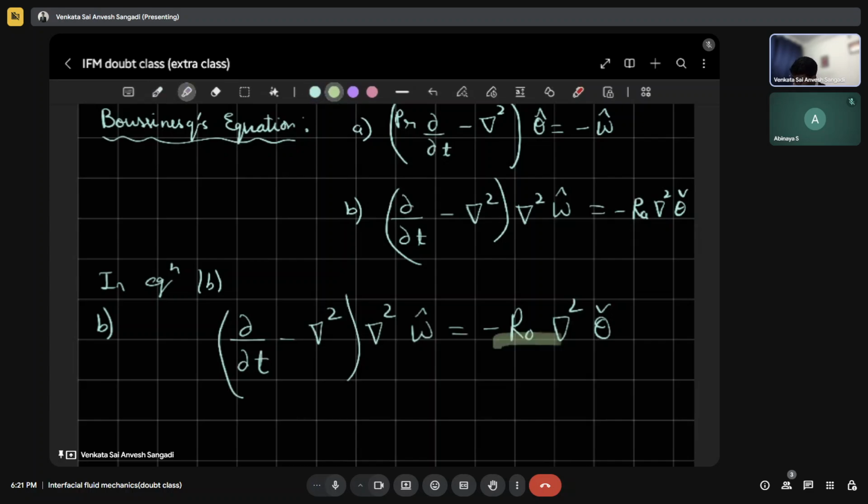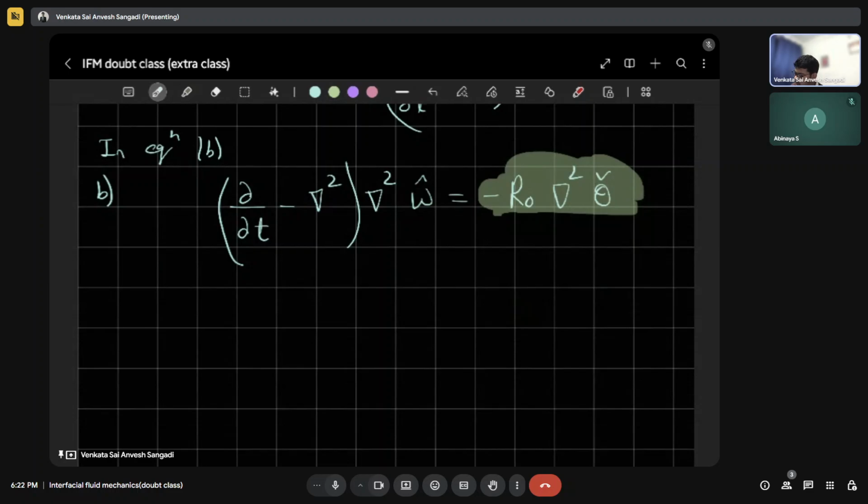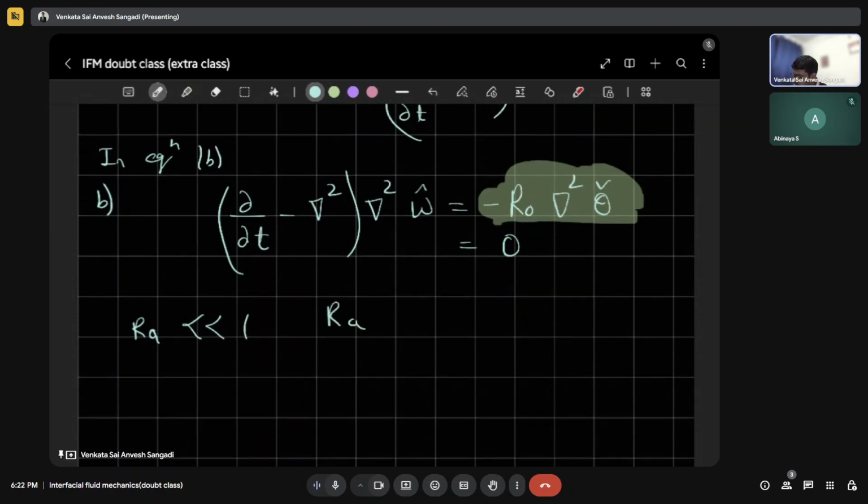If we look at this term, when the Rayleigh number is really small, that is, very much less than 1, then the RHS can be assumed to be 0. And we know that the Rayleigh number equals the Grashof number times the Prandtl number.